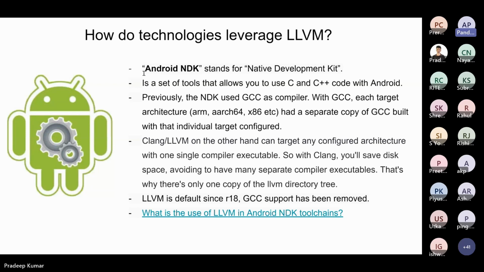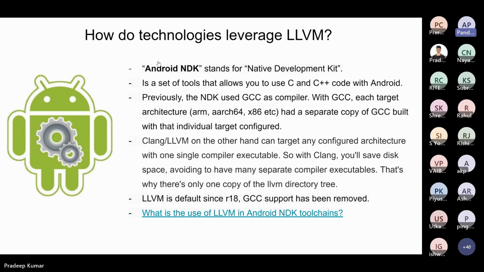This led to a lot of duplicate binaries and increased binary size, which is important on mobile devices, right? Clang and LLVM, on the other hand, can handle any target, any architecture, with one single compiler executable. So with Clang, we save a lot of disk space and avoid having a lot of different executables.